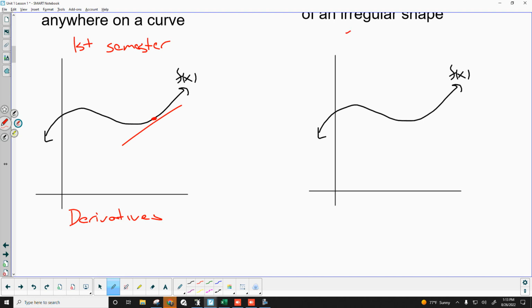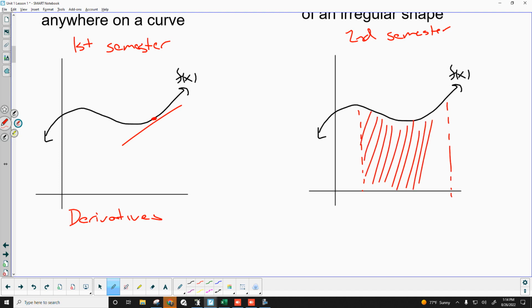And then in the second semester, we will find the area of an irregular shape. So the area under a curve. Second semester, we're going to be doing integrals.